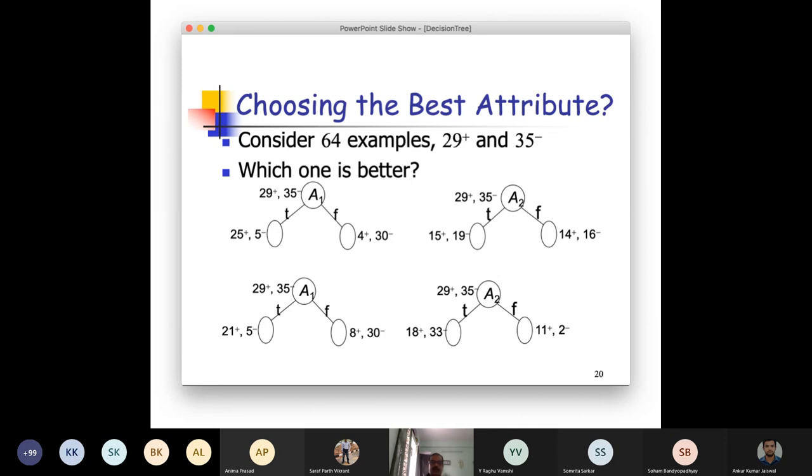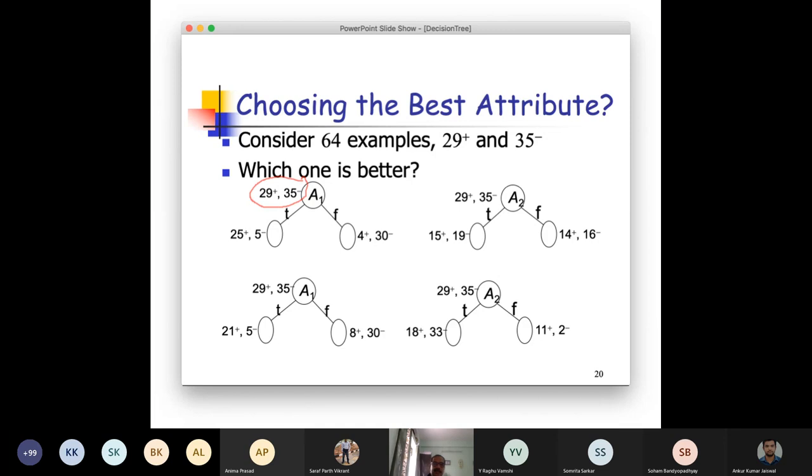You consider this example, where I'm representing two attributes, A1 and A2. Originally, in the parent node where all the training examples are considered, there are 29 positively labeled samples and 35 negatively labeled samples.